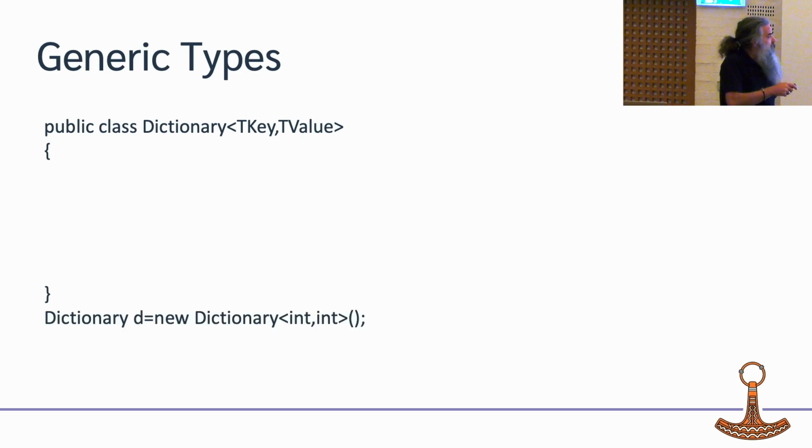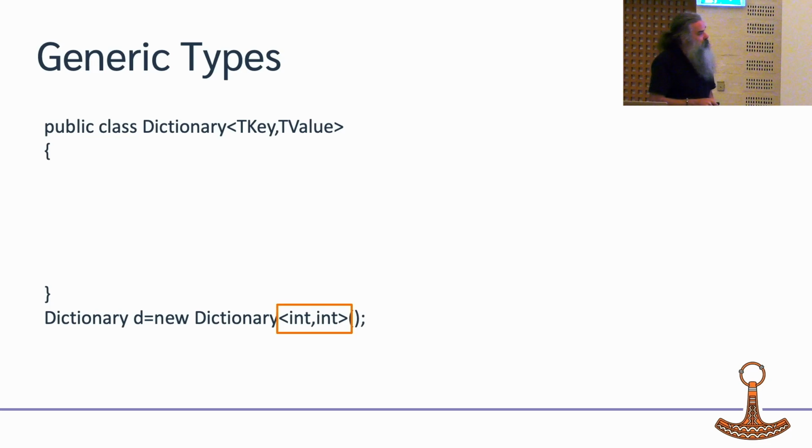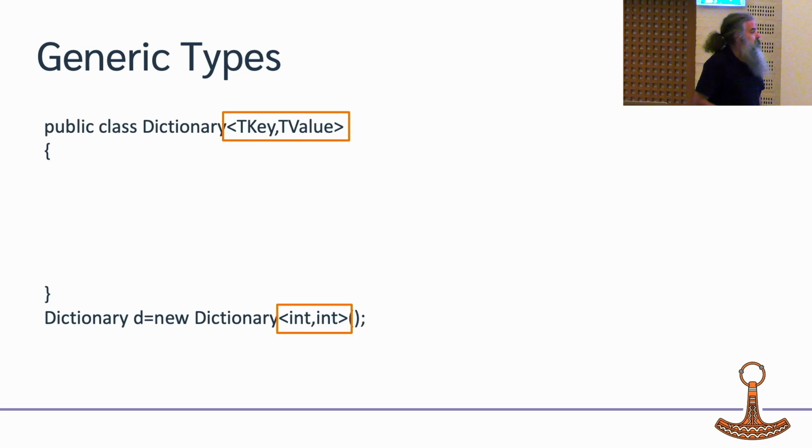So if I wanted to create a dictionary where the keys are integers and the values are integers, I can use the C# new keyword to create a dictionary of int, int, or however we want to pronounce that. And then the 2 ints match the T key and T value, which correspond to the T1 that I showed before.